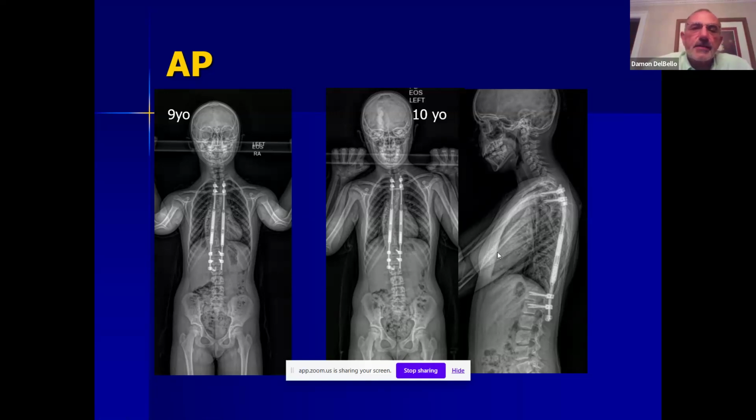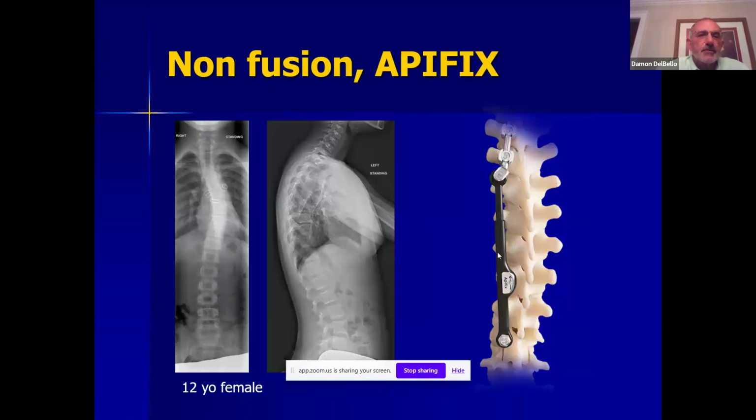We get them out to length. Generally, you can get growth for about 2 or 3 years, and then the spine starts to stiffen up to such a degree that they don't grow anymore. You can't get any more distraction, and you let it sit for a couple of years, and when they're mature, we can go back in and do a fusion, take out all the growth rods and do a final fusion.